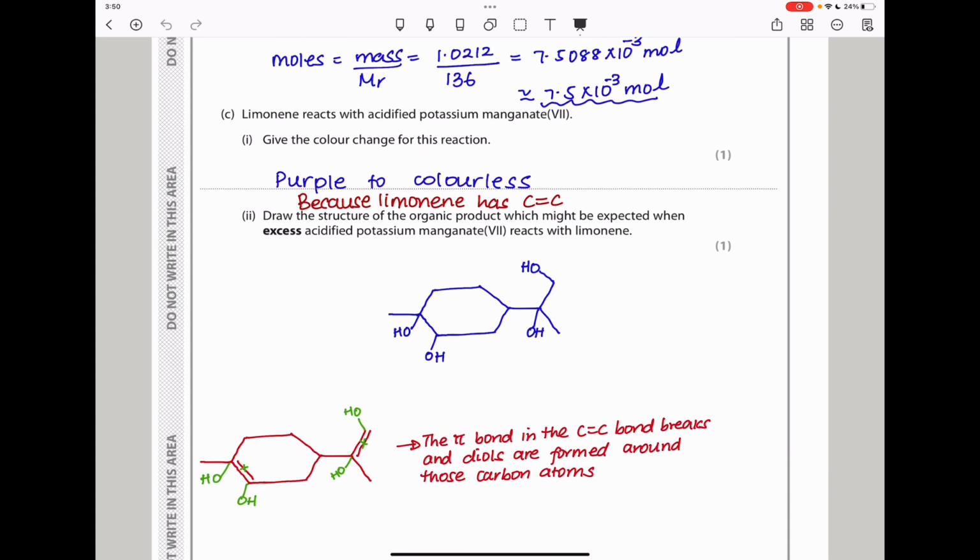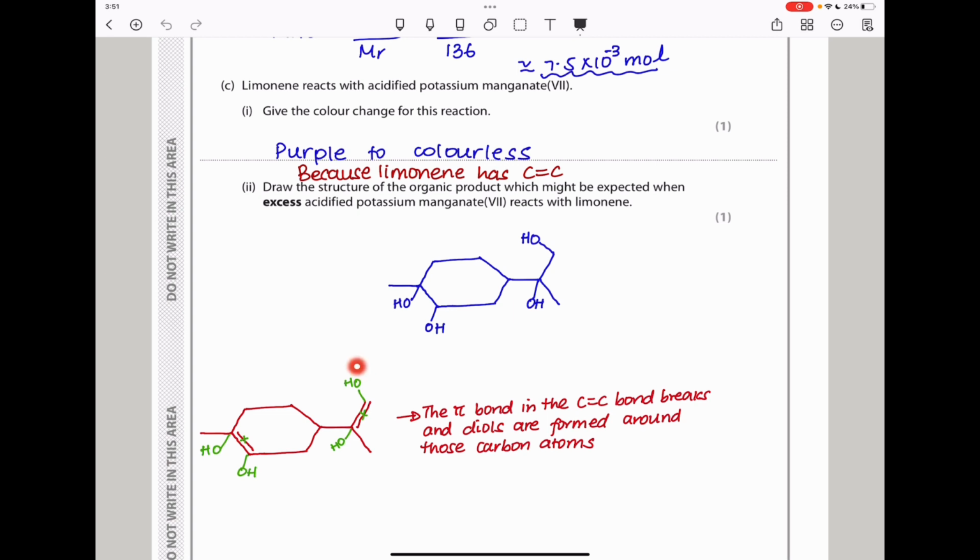Down here they say, draw the structure of the organic product which might be expected when excess acidified potassium manganate 7 reacts with limonene. If they use excess, it means all the carbon-carbon double bonds will react. So I drew here the structure of limonene and how it would be if the diols were produced. So this carbon-carbon double bond will be broken, and then on each carbon, an OH group will be attached.